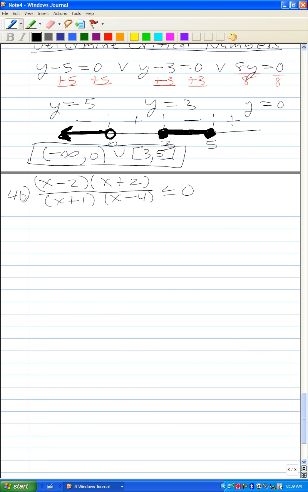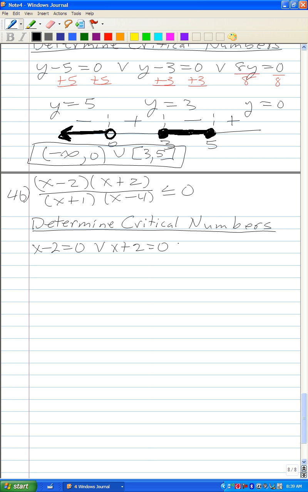So this is in factored standard form. So let's determine my critical numbers. So let me set each factor to 0 and solve for x. X minus 2 equals 0. X plus 2 equals 0.